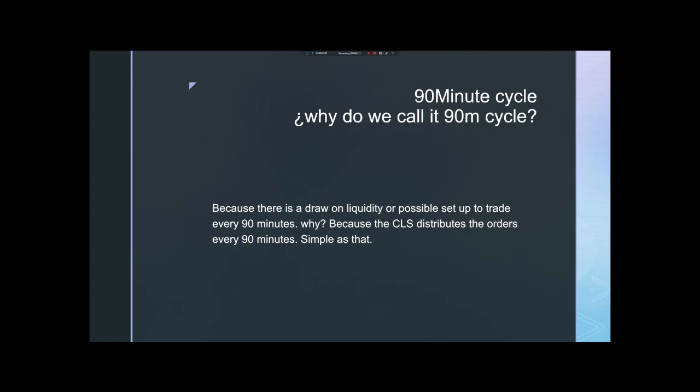Imagine that the CLS starts distributing those orders at 2 a.m. New York time, and 90 minutes after, at 3:30 New York time, they close all those positions, because they were already distributed.